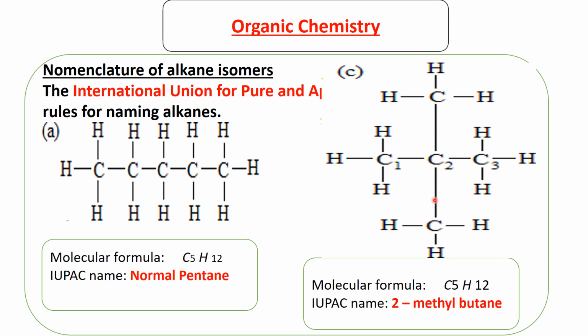If there are 2 methyls, we use the word di. We put di as a prefix to methyl so that it becomes dimethyl. It means there are 2 methyls. If there were 3, it would be tri. So if there are 2 groups, we use di. If there are 3 groups, use tri. Dimethyl or trimethyl.